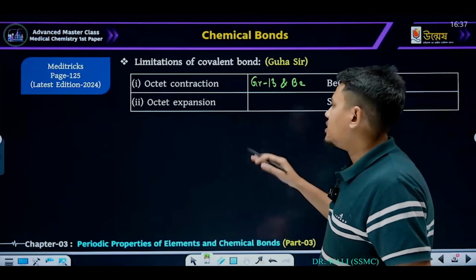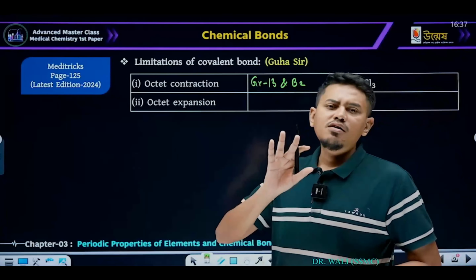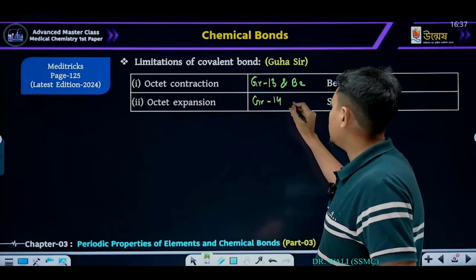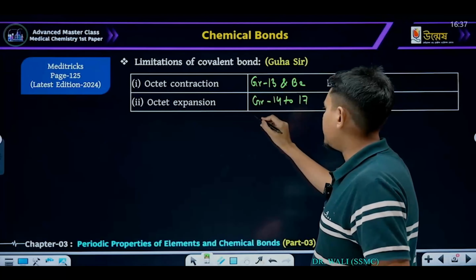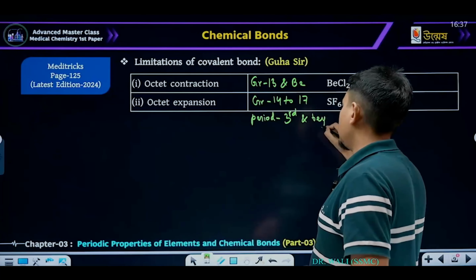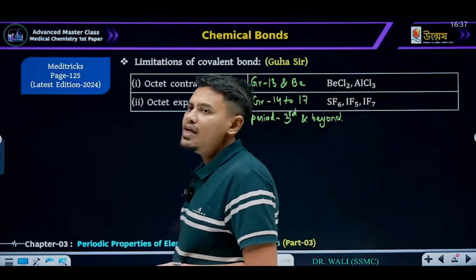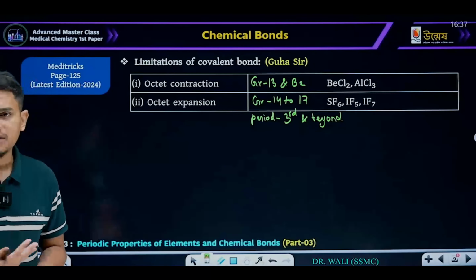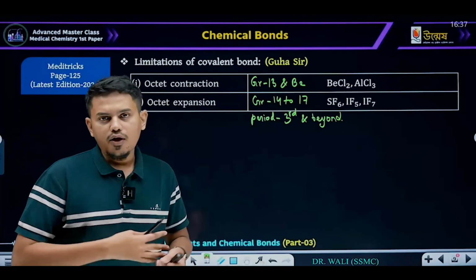On the other hand, octet expansion occurs in group 14 to 17, and obviously the period will be third and beyond, not second. Why not second? Because the second shell does not have any d orbital. That's why there is no scope of accommodating the extra electrons required to expand the octet.